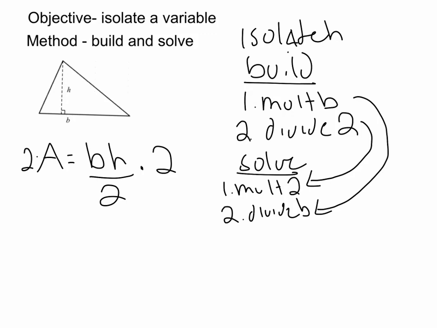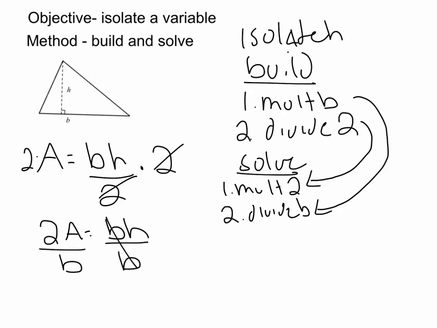The 2's cancel out on the right, so I'm left with 2a equals base times height. I'm going to divide both sides by b. The b's on the right cancel out. I'll have 2a divided by b equals the height.